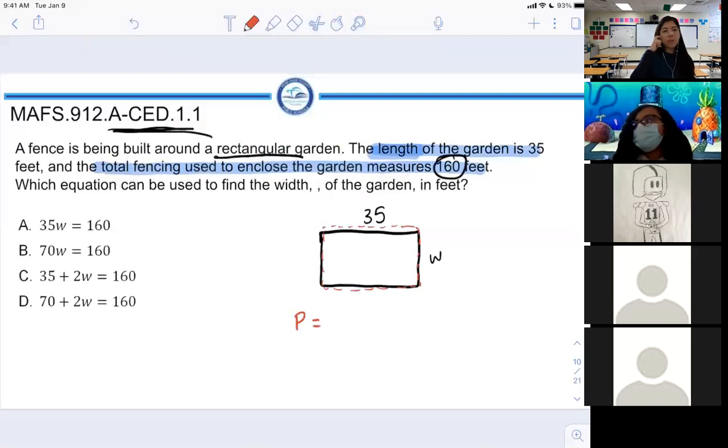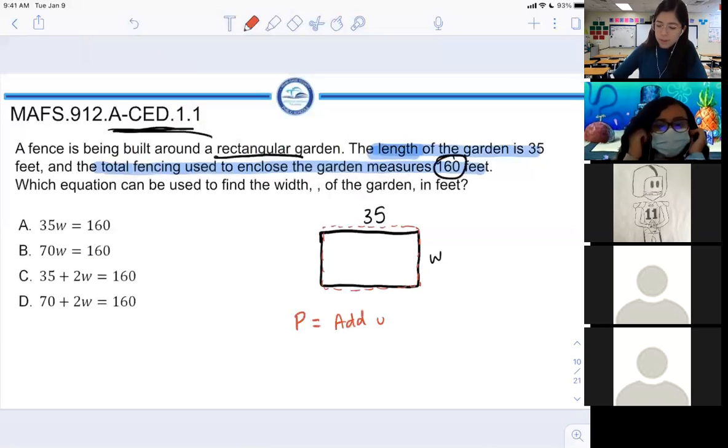And if I'm looking for the perimeter, what am I adding up? All the sides, exactly. I'm adding up the sides. So what are my sides? We have 2 35s, so that would be 70.